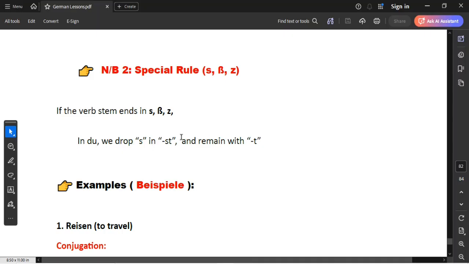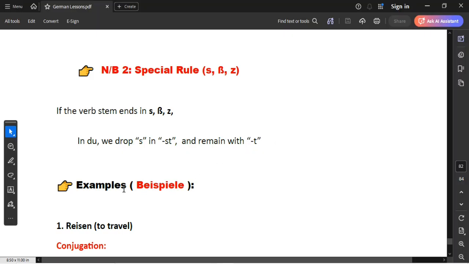So remember, when you are conjugating regular verbs in du, you are dropping the last two letters, that is en, and we are adding st. But in this case of the verb stem that ends with s, ß, and z, we won't go ahead and add st after we drop the last two letters. We'll just go ahead and add t.